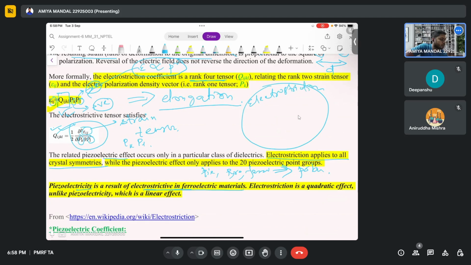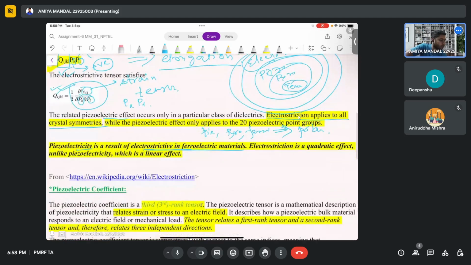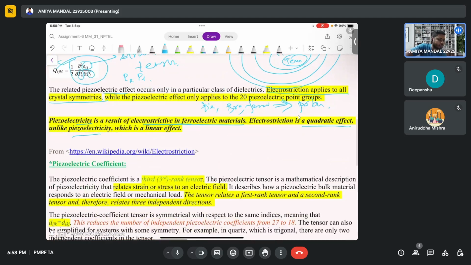You can see this concept: piezo, pyro, and ferro. But electrostriction also contains non-polar molecules. It's a quadratic effect, unlike piezoelectricity, which is a linear effect.